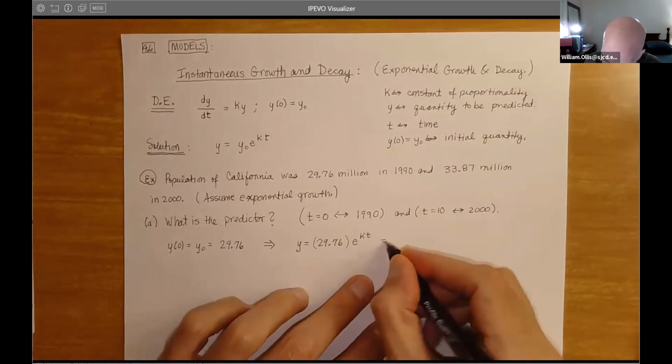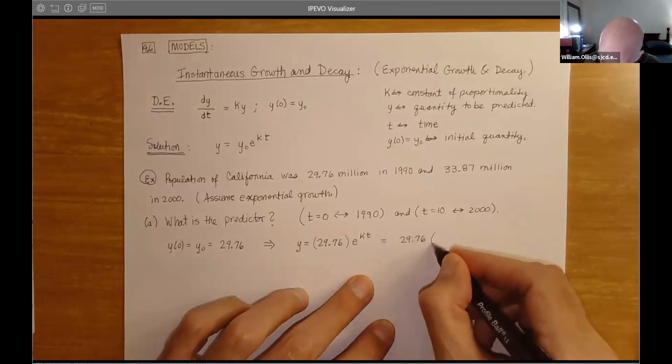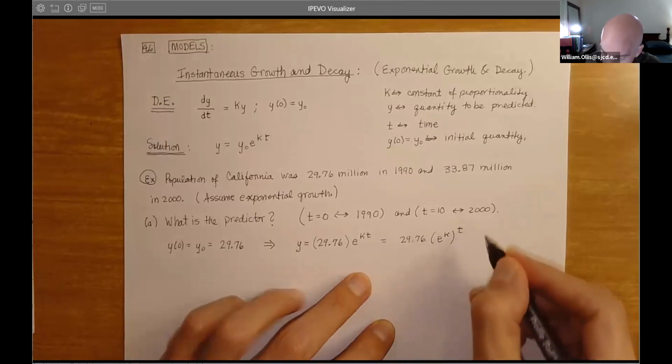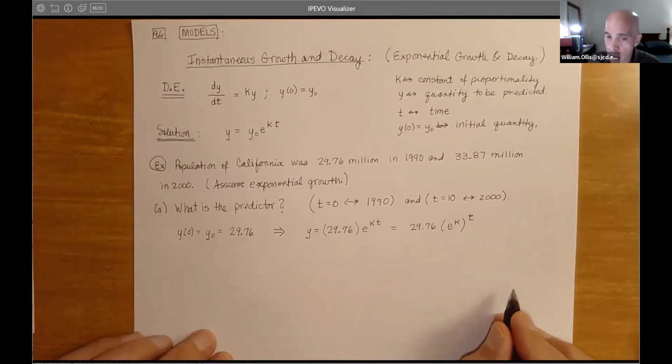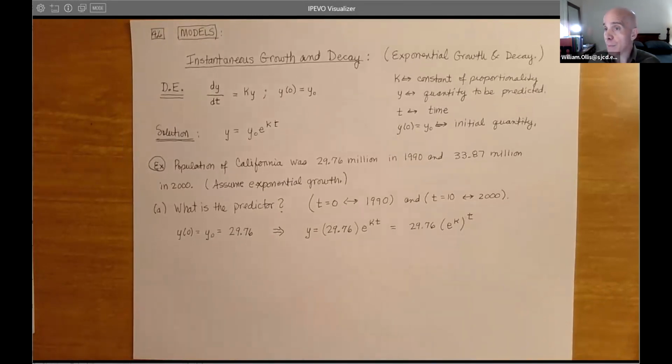So we can write this way, 29.76, and then we'll say e to the k raised to the t power using the laws of exponents. And now we can effectively change the base and have a nice predictor without any decimals, without any approximation in it, to have an exact predictor.